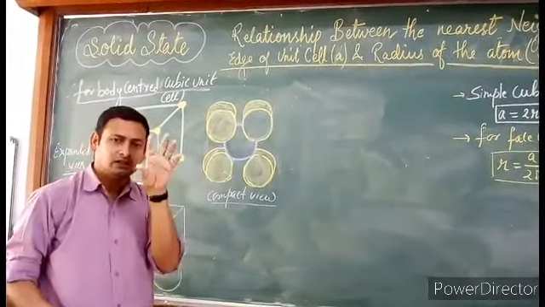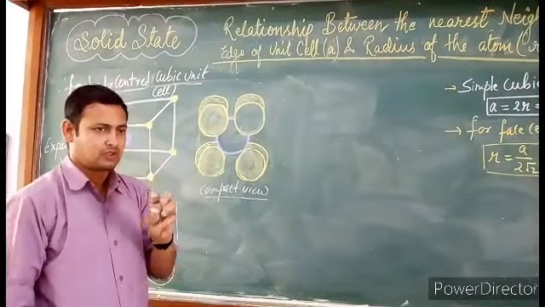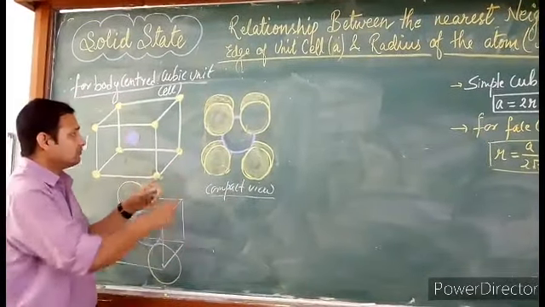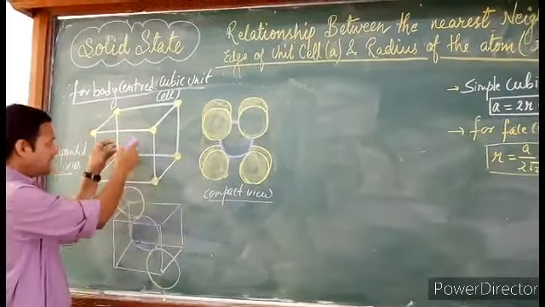Now students, try to visualize. When we don't place an atom in the center, they are compactly packed. जब हम एटम बीच में नहीं रखते हैं तो ये सारे एटम्स आपस में कैसे होते हैं? ये पास जुड़े होते हैं.